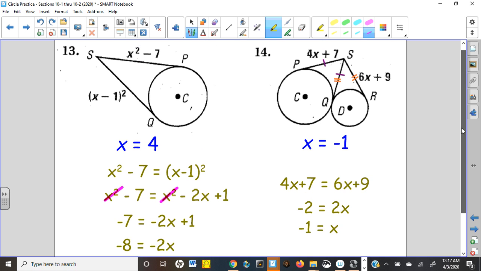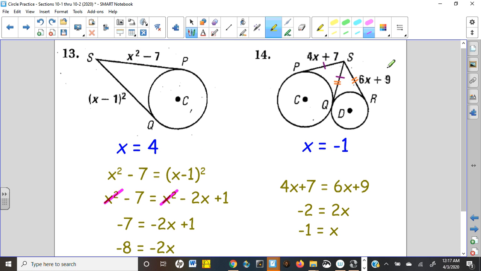This guy over here, you have to kind of think through it a little bit. PS and QS are congruent because they're tangents from a common point to the same circle.